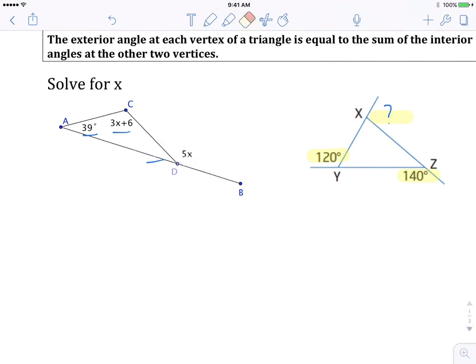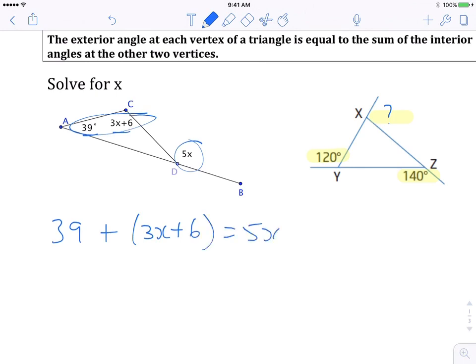Therefore, 39 plus 3x plus 6 must equal 5x. They have to be the same thing, because whenever you add either of them to that angle right there, you automatically get 180.